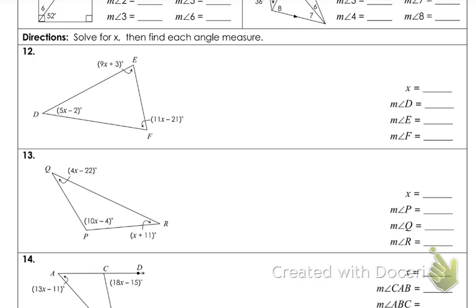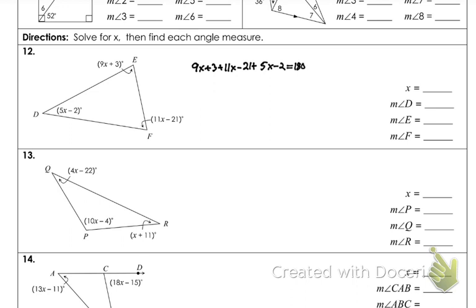It doesn't matter what order you put them in because all 3 of them just have to add up. I'm going to start with 9x plus 3 because it's on top, no other reason. Plus the 11x minus 21 plus 5x minus 2 equals 180.